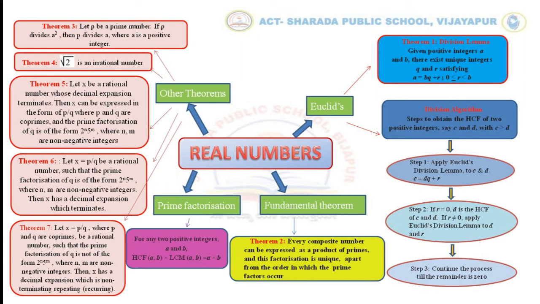The product of HCF and LCM, that is 5 into 30, is equal to 150. The product of the numbers is 10 into 15, which is equal to 150. Therefore, the product of HCF and LCM of two numbers is equal to the product of the two numbers.